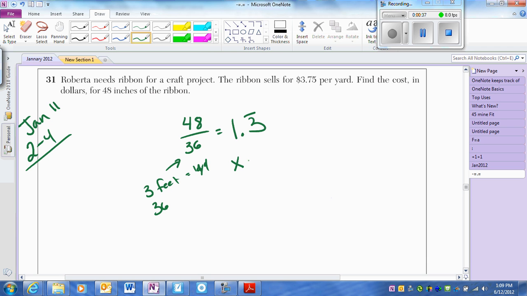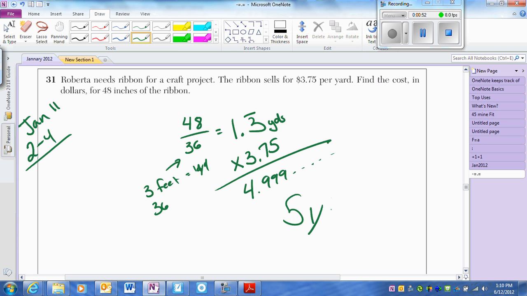And if I take that, which is yards, and multiply it by $3.75, you get 4.999 something. So the answer is 5 yards. Oops, not 5 yards. This is money. $5.